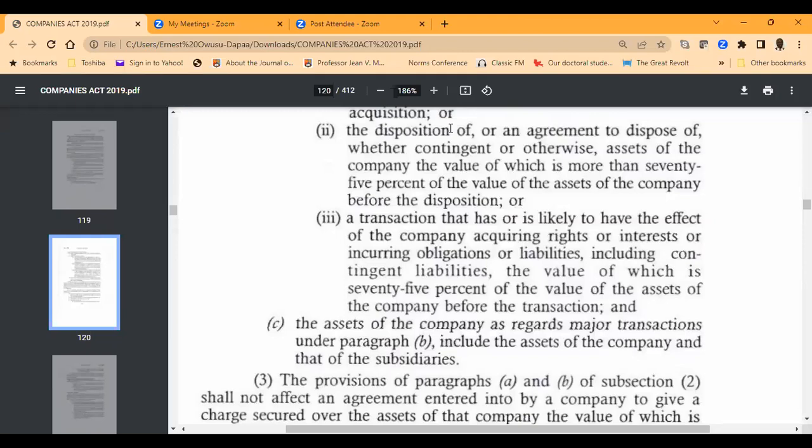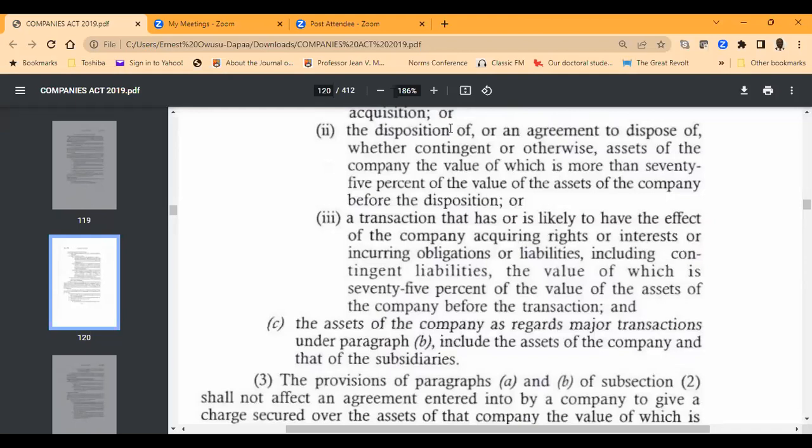And of course, in trying to compute the assets of the company, in trying to find out whether it measures up to 75% or more of the assets of the company, the Act is saying that we include assets of the subsidiary of the company as well. So we are talking about where you have a parent company and a subsidiary company.